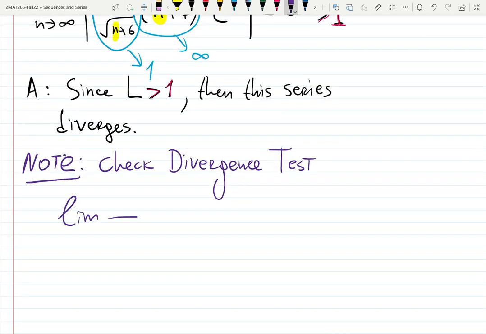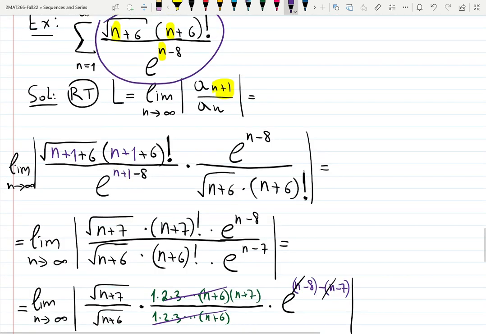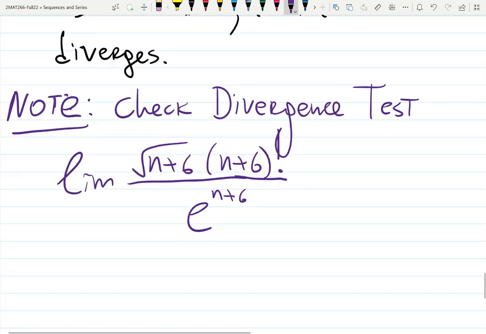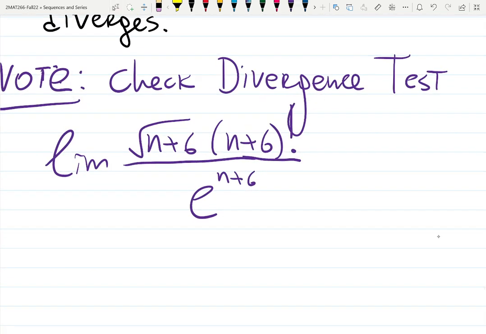Limit of the original function, the square root of n plus 6 factorial over e to the, I forgot, n plus 6? No. n minus 8, thank you. n minus 8, as n goes to infinity. Okay, it may not be very clear, is it actually not 0 or not?